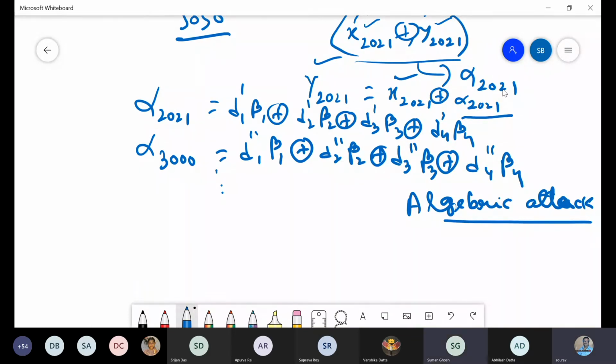But to calculate the betas, he needs the alphas in the form of linear combinations of the betas. For that he should know the values of the Di, like D1, D2. We know this has to be some linear combination of betas. So basically we will get some equations, and from there we can guess, right?